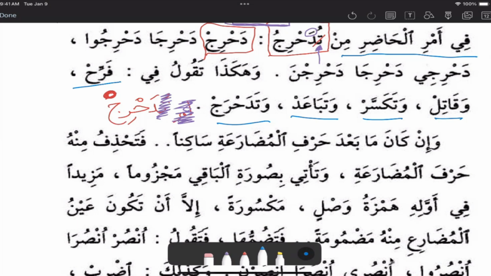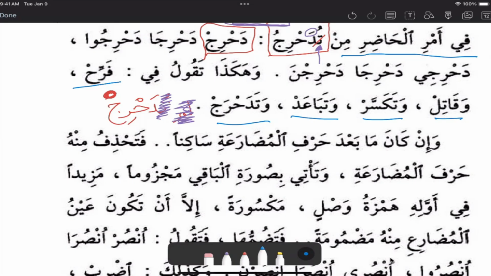وإن كان ما بعد حرف المضارعة ساكنة. If the letter after the مضارع letter has a sukun فتحذف منه حرف المضارعة. You will still remove the مضارع letter. وتأتي بصورة الباقي مجزومة.